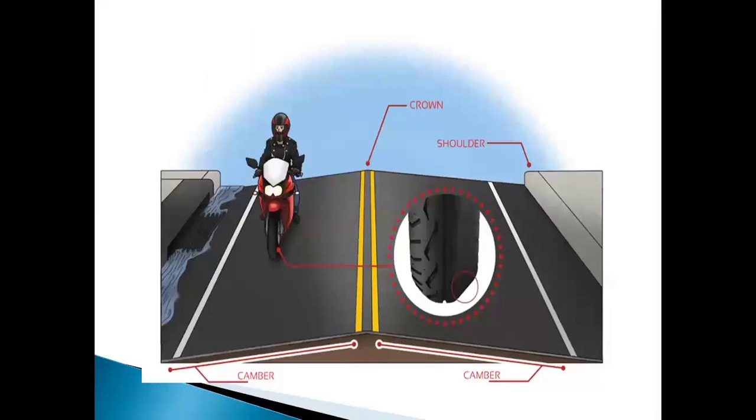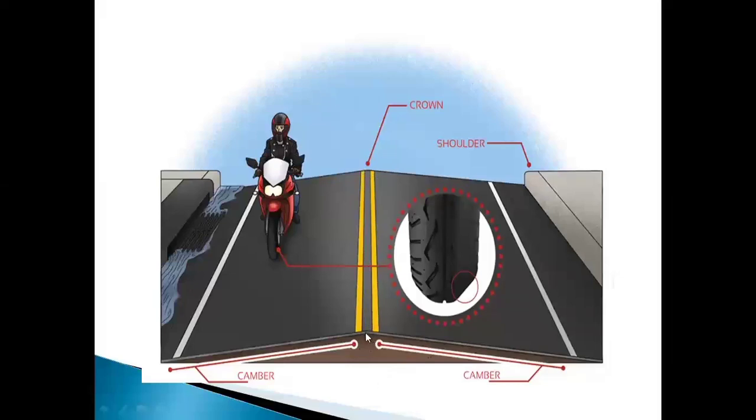Now see this picture. In this picture we see the camber of a road. There is some slope to the road. This slope is called camber. You see this yellow line.